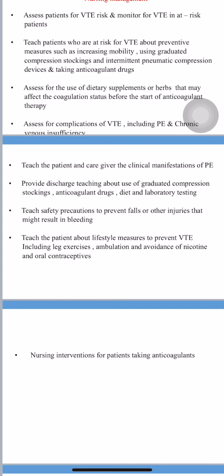Avoid restraints if possible and use only soft padded restraints if needed. Apply graduated compression stockings or intermittent pneumatic compression, and reposition the patient carefully at regular intervals. These are the nursing interventions for patients taking anticoagulants.